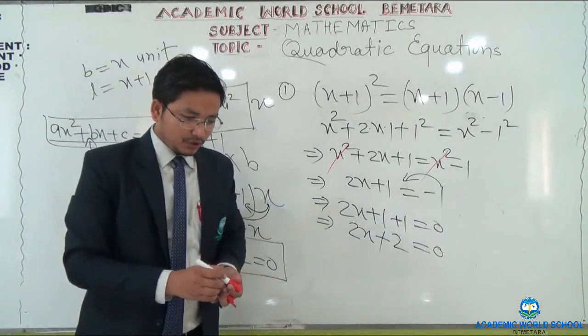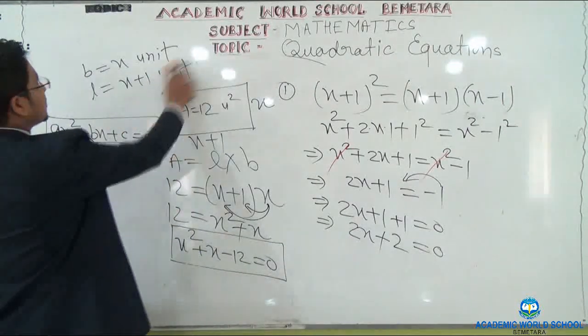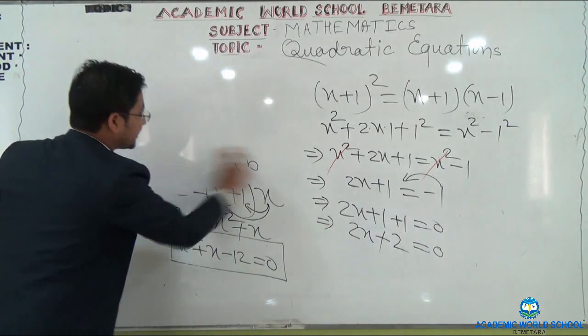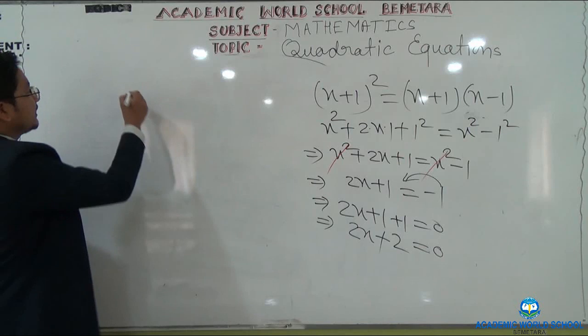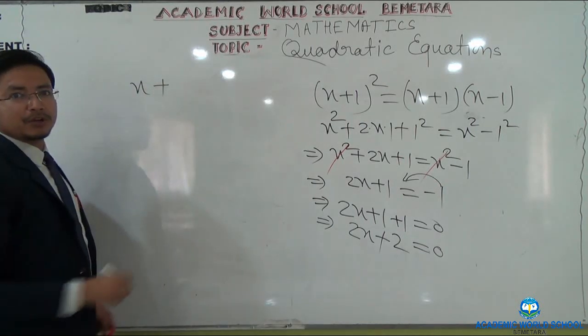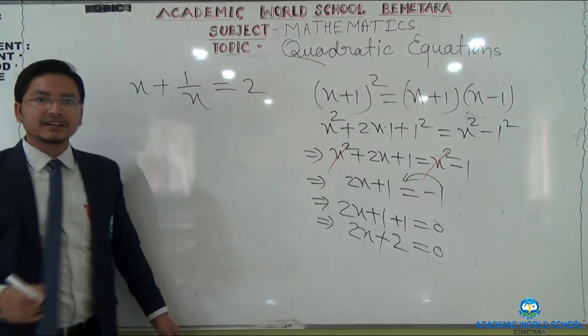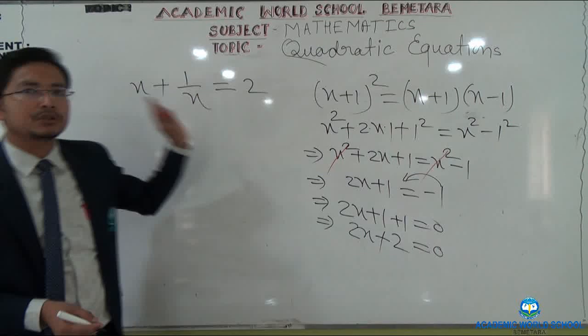Now I am going to write some more questions in which we have to identify whether the equation is quadratic or not. Listen, very important: x plus 1 upon x is equal to 2.